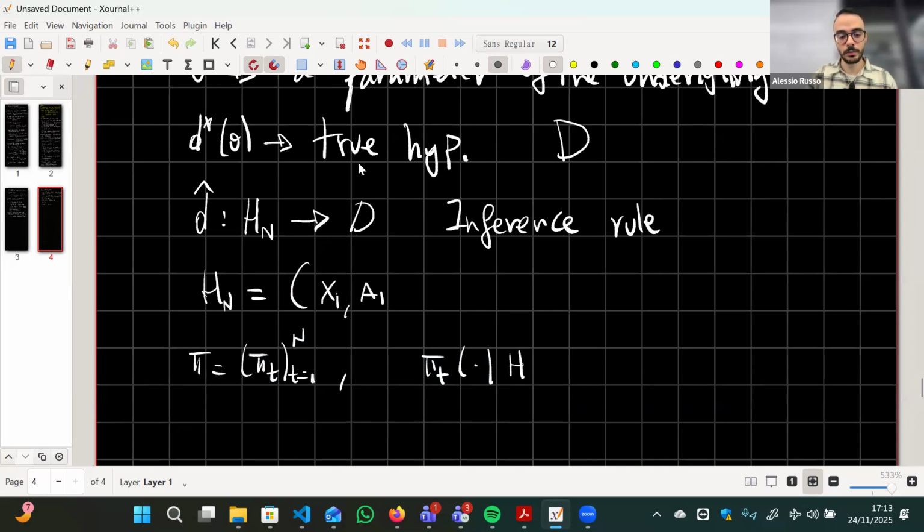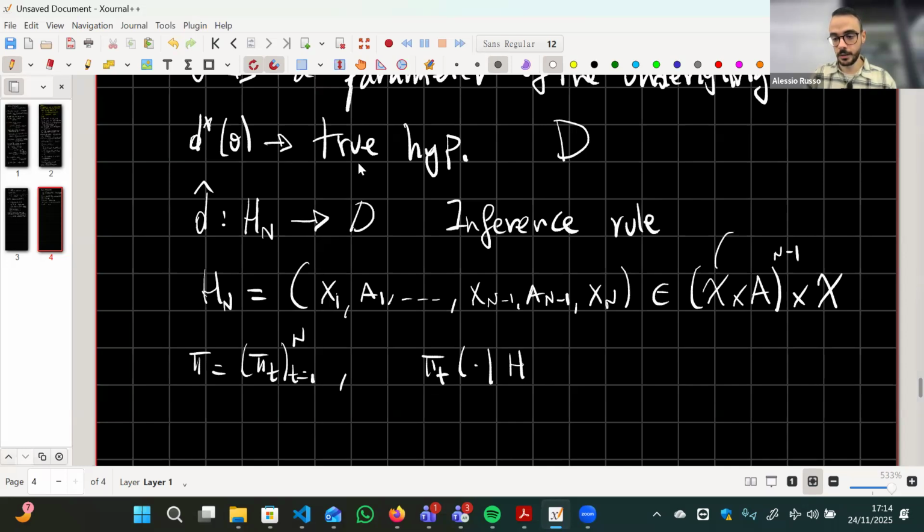Then we have some action that we took, a1, and so on, up to x_{n-1}, a_{n-1}, x_n. So this belongs to the set of trajectories that is defined in this way.